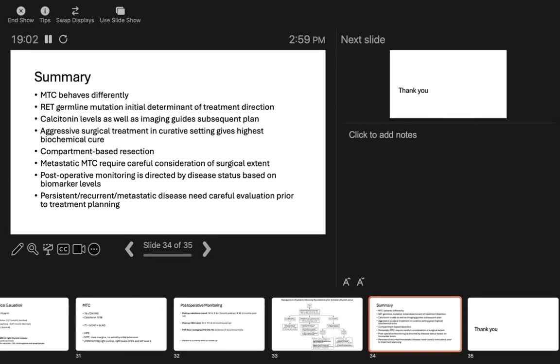So everybody thought this was probably an occult breast CA. Then on a CT scan they found something small in the thyroid, so I did an ultrasound. This patient has a very suspicious looking thyroid nodule, around 1.5 centimeters. When we did a biopsy, it came back as highly suspicious for medullary.